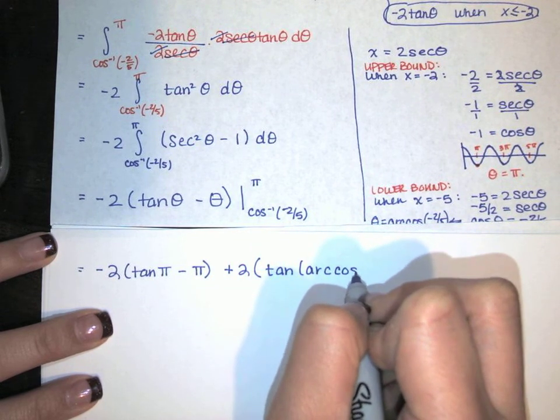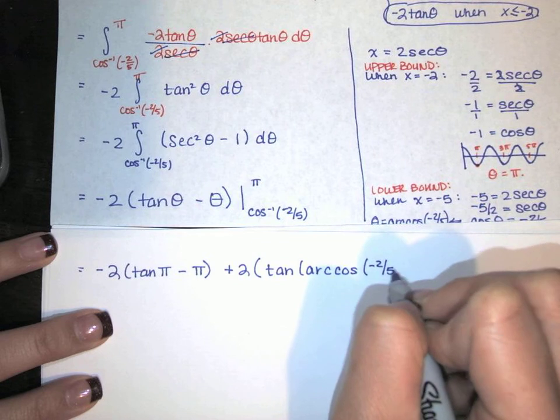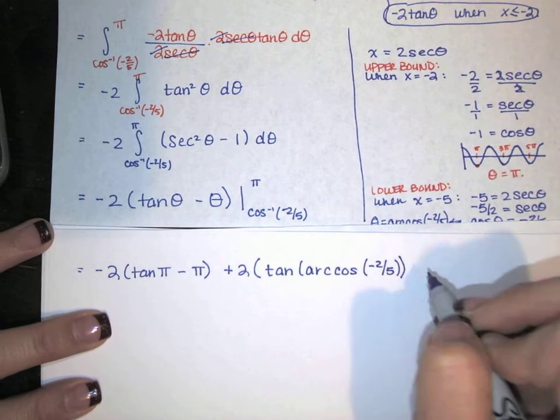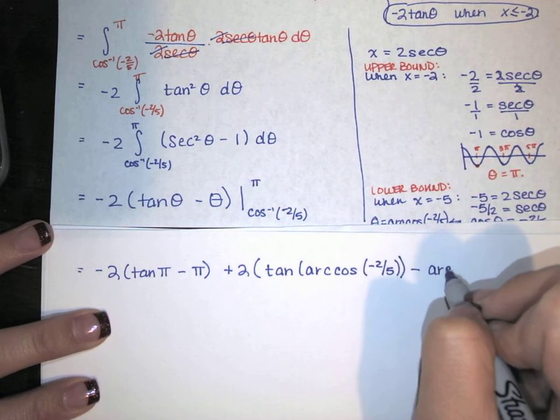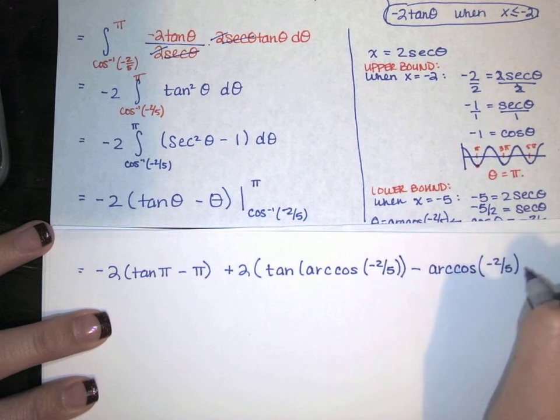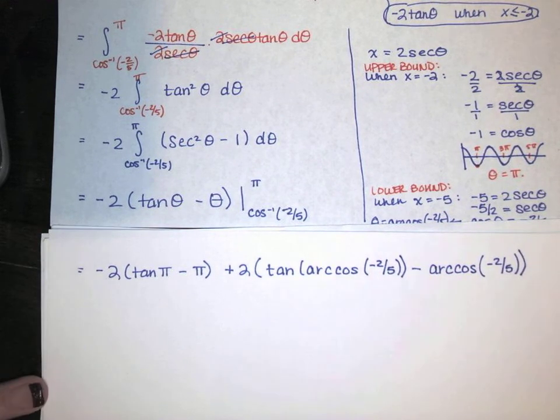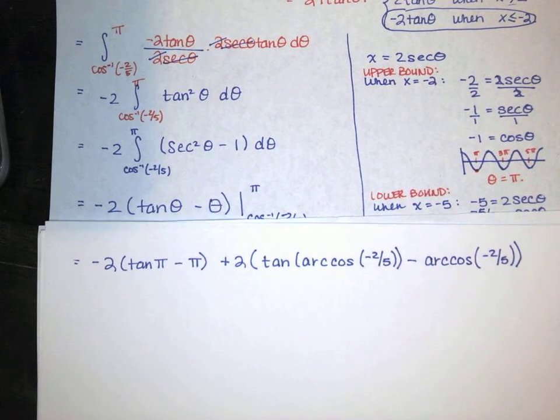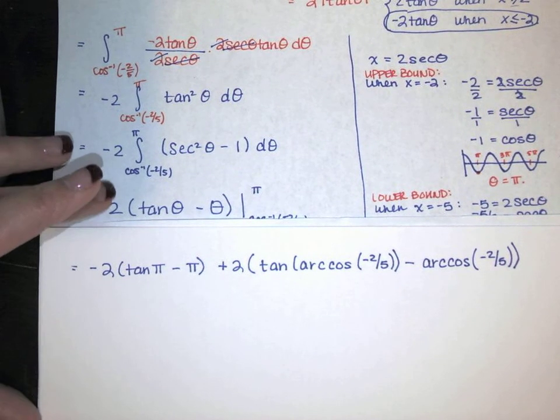I've got tangent of the arc cosine of negative 2 over 5 minus the arc cosine of negative 2 over 5. Just an angle. And let's see if we can simplify it from here. That's our answer. Let's just not simplify it.